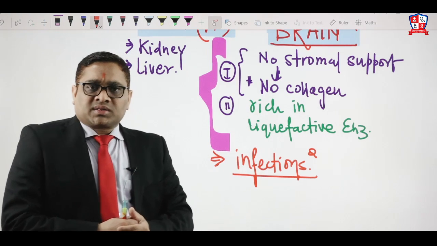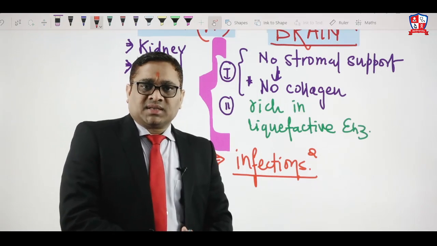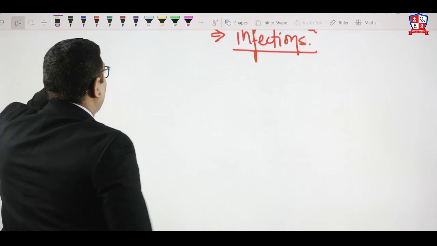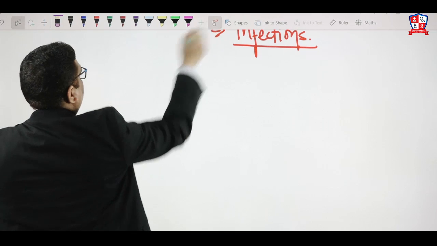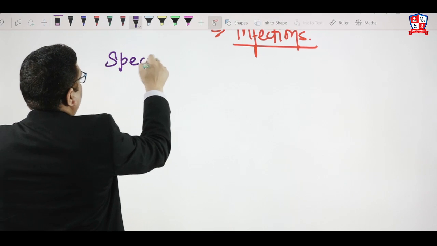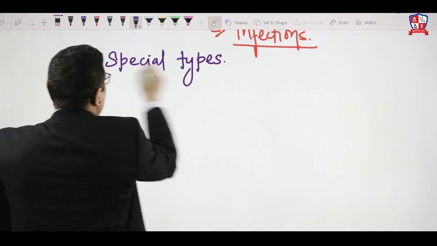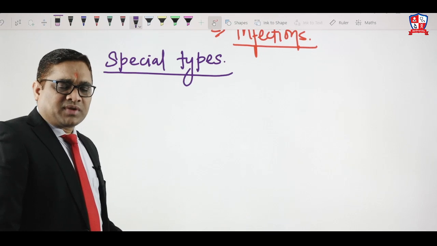Now we will discuss some of the special types of necrosis which examiners ask in exam. A special pattern of necrosis. So what are these special types of necrosis?